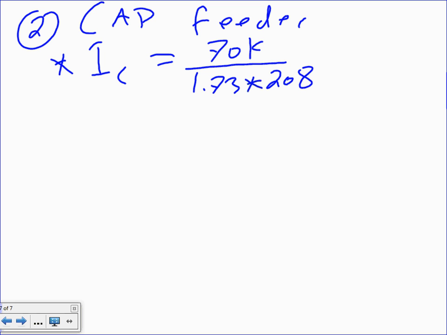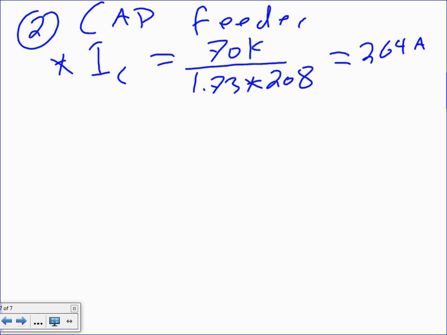That's where a lot of mistakes come in. Anybody did the math on that? So you take the 70K, divide by 208, divide by 1.73. You end up with 264? Anybody come up with something different? I got 194.